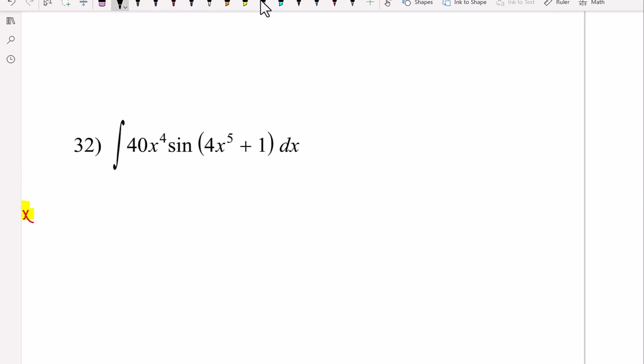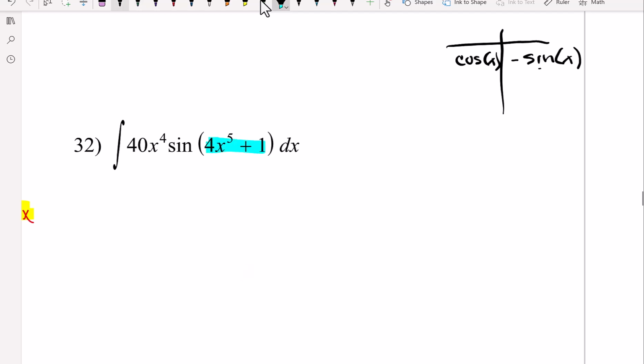Now this is a dilemma. Remember when we've got our trig functions, negative sine, working backwards. So the derivative of cosine is negative sine. So eventually we're going to have to put a negative multiplier out here. But let's go ahead and determine what the u is.